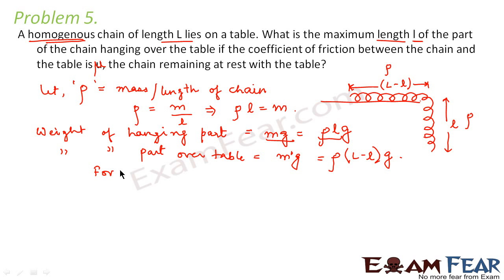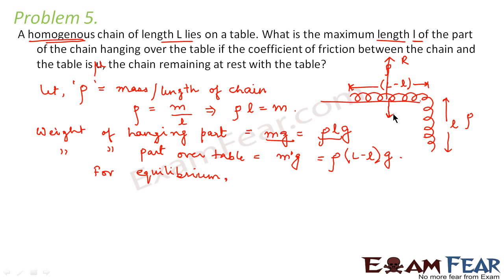Now if the chain is at equilibrium, that is, if the chain is stably lying in this position, then R, which will be acting upward, should be equal to the weight of the chain over the table. There is no vertical motion of the chain. This chain is in contact with this surface, so there will be a reaction force acting like this.